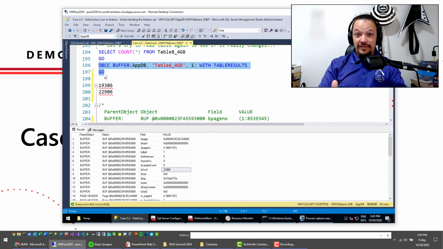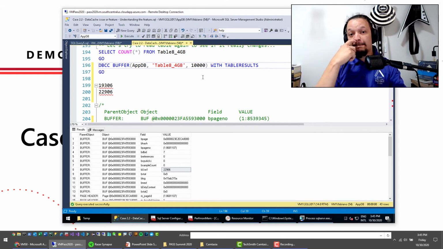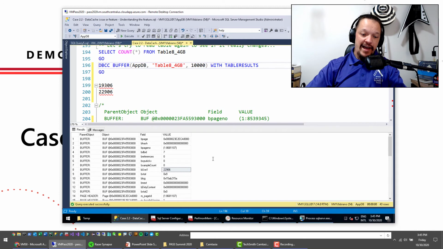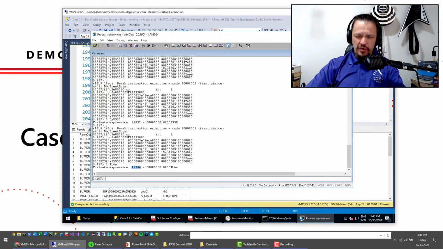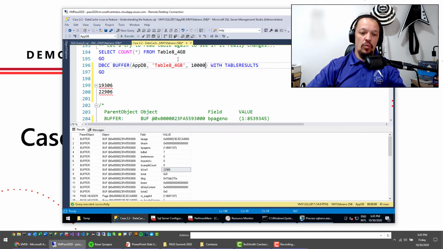So if you want to disfavor a page from a table, here's what you could do. You could run the DBCC buffer for all the pages, and then all the pages will be updated as disfavored. All the BUs1 will be updated with 1 hour back. I don't know why we would do it, but that's one of the ways you could do it. And that's why the value we are seeing here, that it's currently in memory, is different than the one that this was printing and showing us.